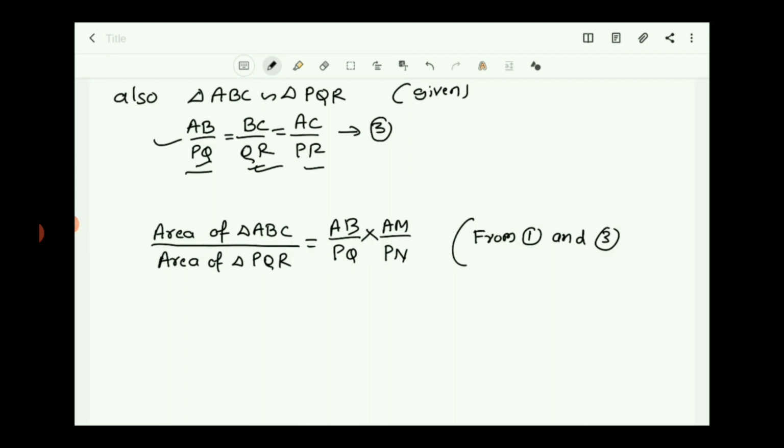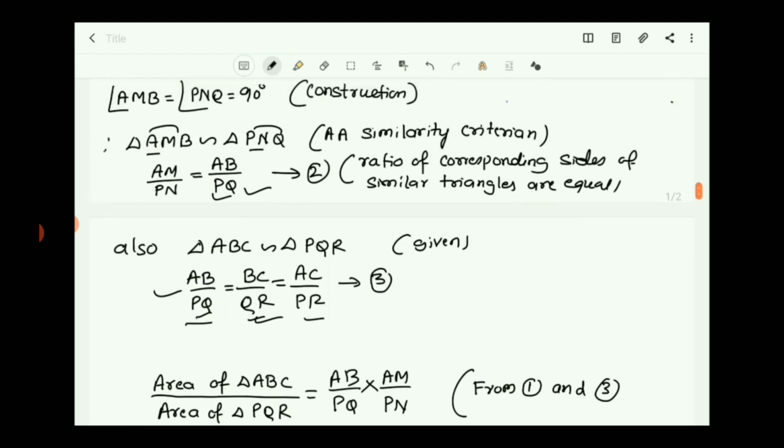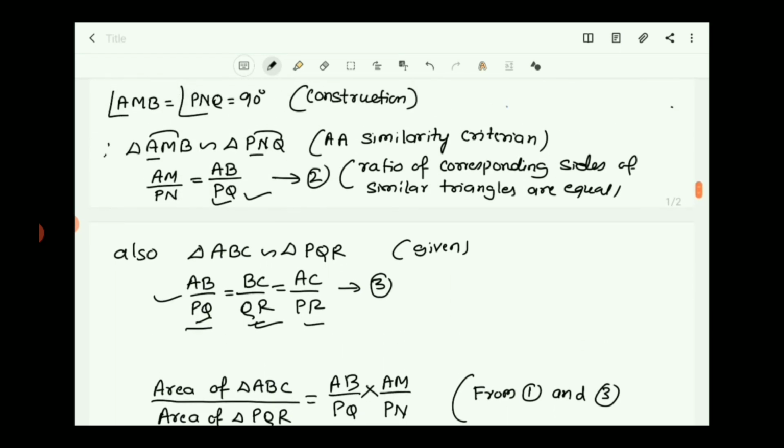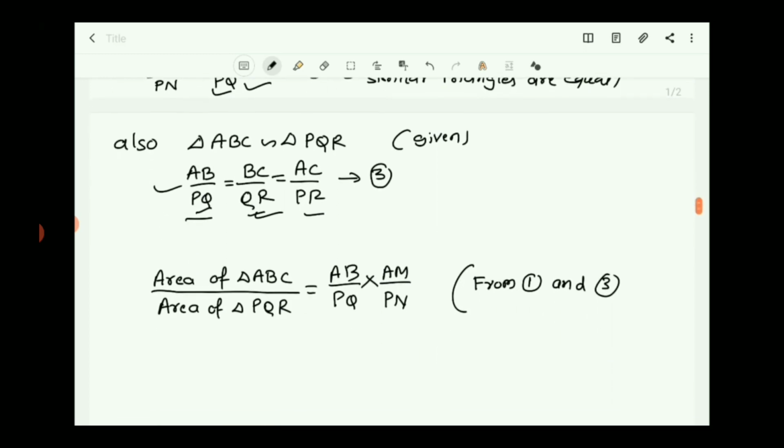Now also you know that AM by PN is equal to AB by PQ. AB by PQ and AM by PN are equal. From second, you can write both as AB by PQ into AB by PQ.